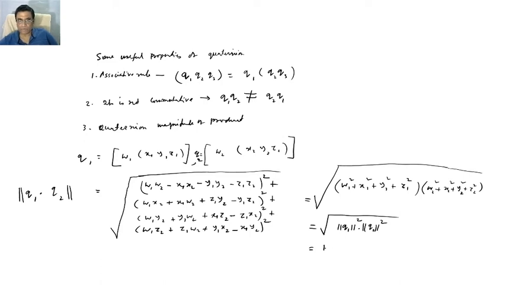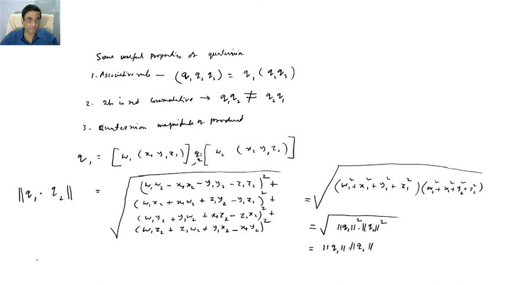So it is actually a very important property for programmers, right? So the magnitude of the product of quaternions is equal to the product of the magnitudes of the individual quaternions, right? So is it clear?